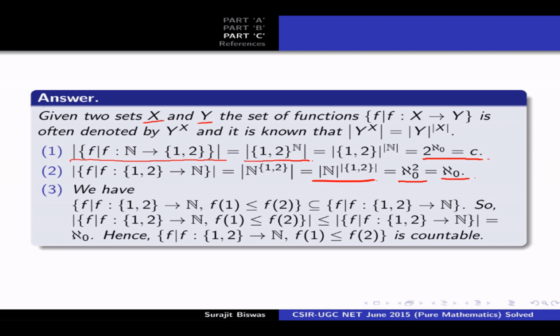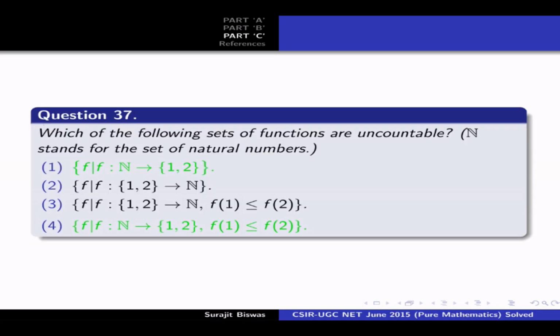In option 3, what do we have? Option 3 is the collection of all functions from the set {1, 2} to the natural numbers such that the functional value at 1 is less than or equal to the functional value at 2.